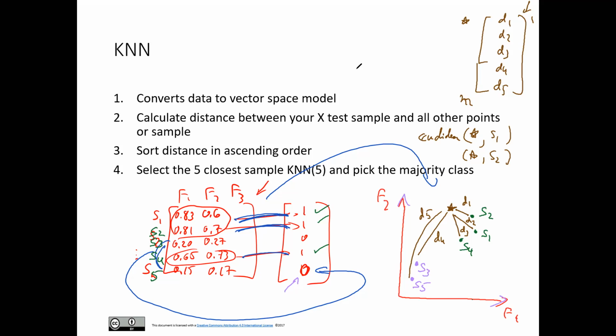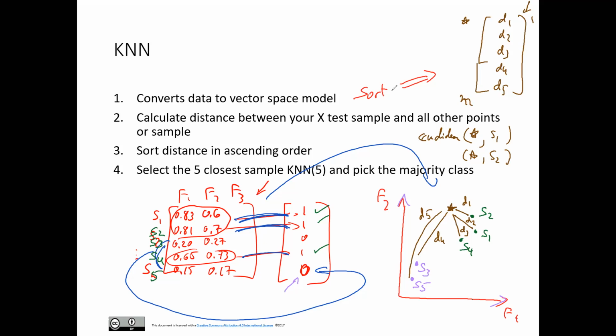So the next step would be to sort. All right. So now you're going to sort those values in ascending order so that you can bring to the top the shortest distances. Okay. And that's basically the last step.